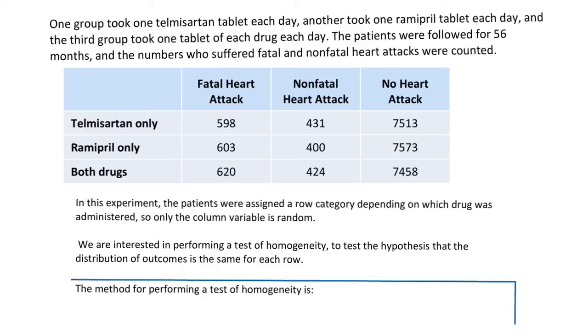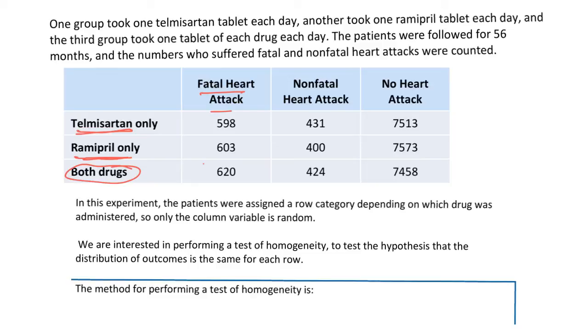So these are the two different types of drugs, and the third group took one tablet of each drug. So the third group took both drugs each day. The patients were followed for 56 months, and the number who suffered fatal and non-fatal heart attacks were counted.